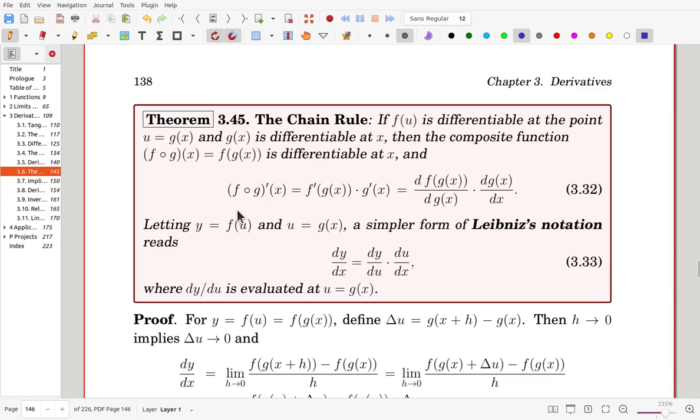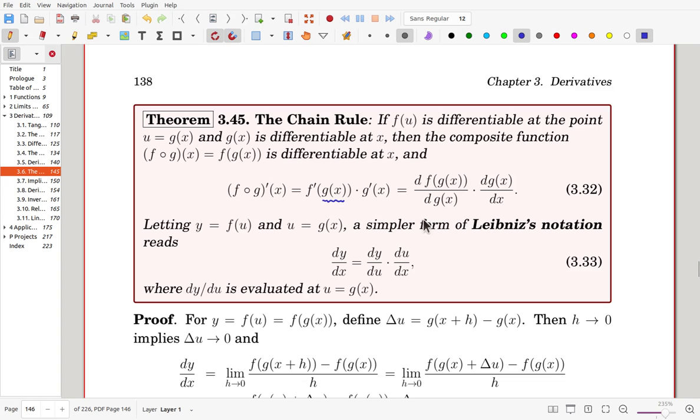The derivative of the composite function with respect to x is the same as the f derivative with respect to g of x, where inside the parentheses g of x is given, which means the derivative is with respect to that g of x, times g prime of x. Now that derivative is with respect to x.